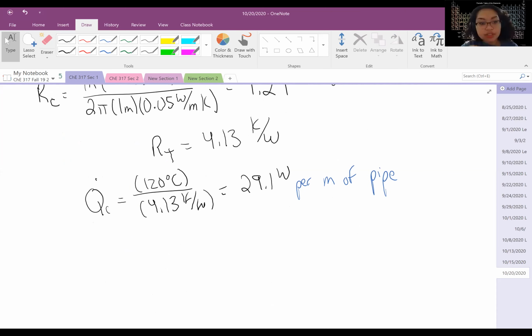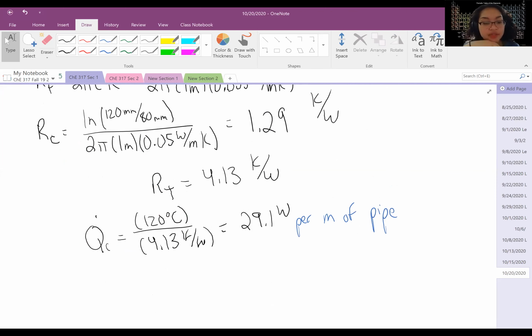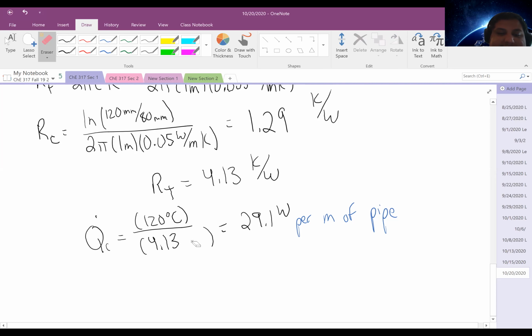Dr. Lopez, I have a question. When you're calculating QC, it's completely fine to just use your temperature value in Celsius and not convert it to Kelvin? Okay. Because a delta degree C is the same as a delta Kelvin.